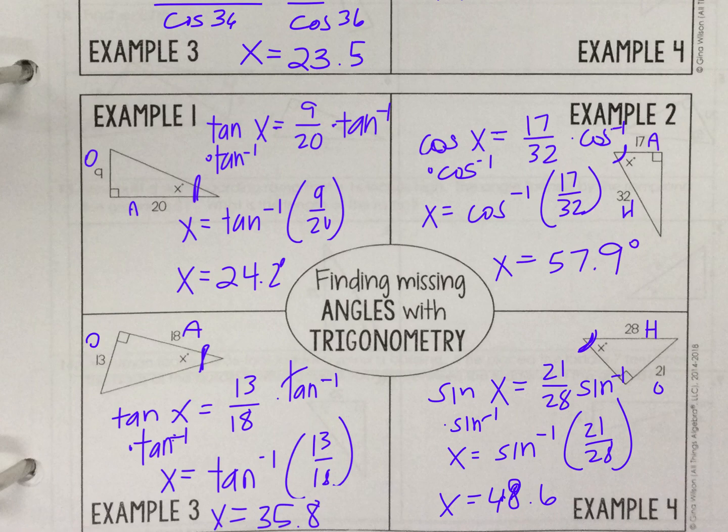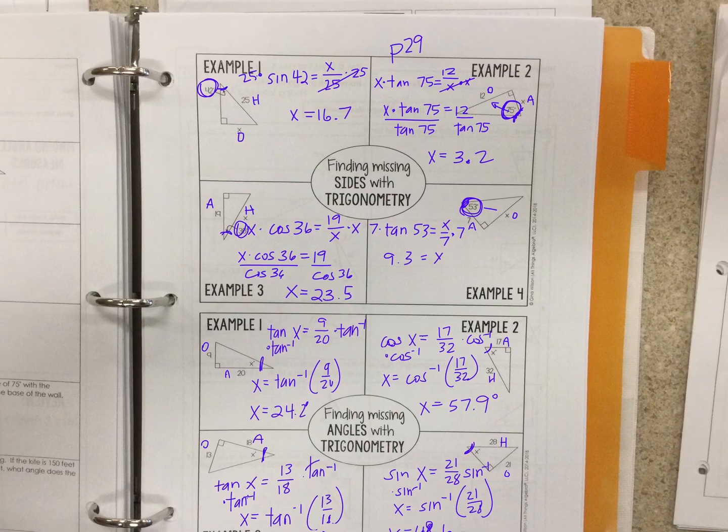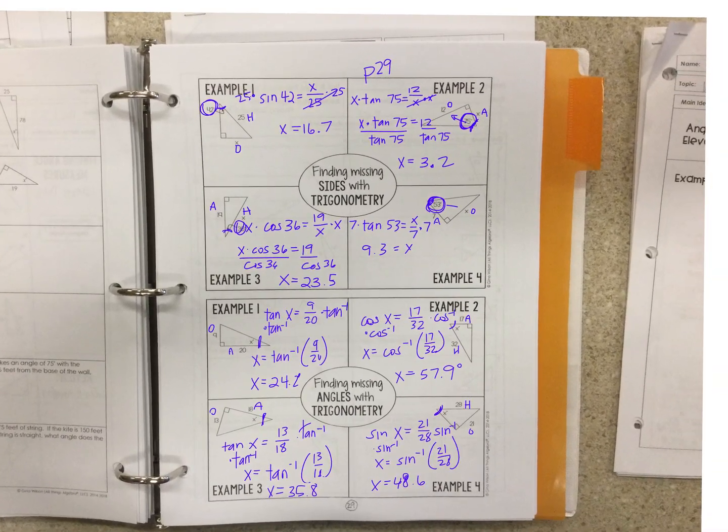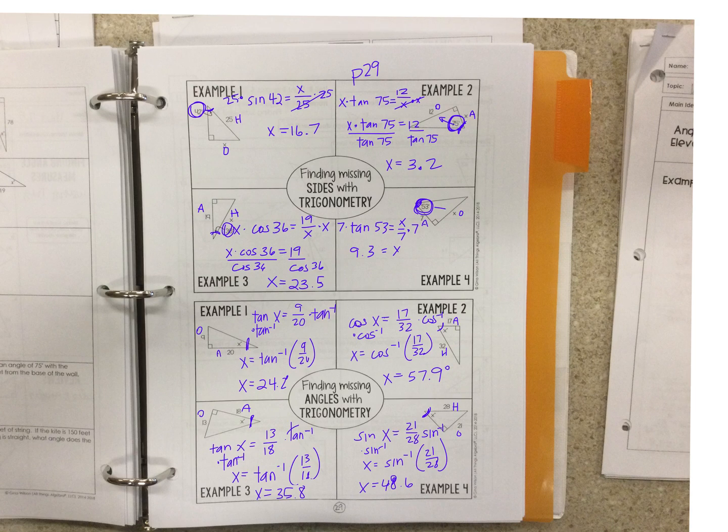So if I were you, I would copy this entire page down because it gives you very good examples of how to solve each of these problems, and you will be able to use this page on your test, not the other pages in your binder, but this page. So be sure you copy all the steps down so you'll be able to repeat them on the test.